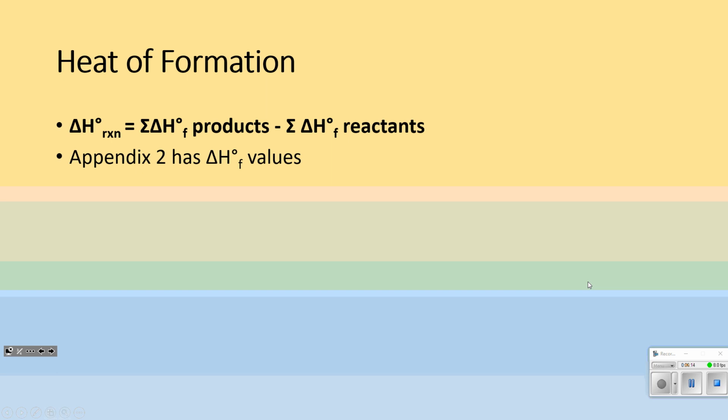Quite frankly, if we had a decomposition reaction for hydrogen peroxide, I could just flip it around, because the reverse reaction should give me the opposite values, and I could solve for the heat of formation of that. But the heat of formation, that's your delta HF. These are things that will be given to you. These are values that represent, here is what that value is for this thing.